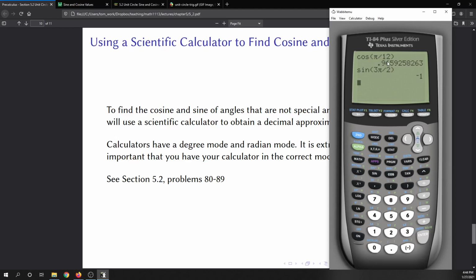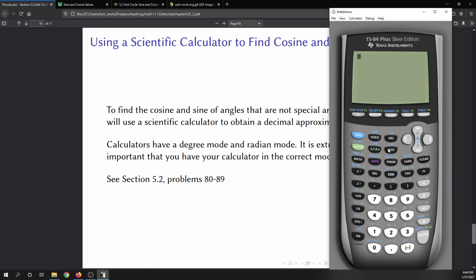Once you are in the correct mode, you can just type these in the way you think they would go. That one is one we normally have memorized, so we normally wouldn't need to use the calculator for it. But if it's not one of the special angles, you're just going to be using your calculator to find the value.